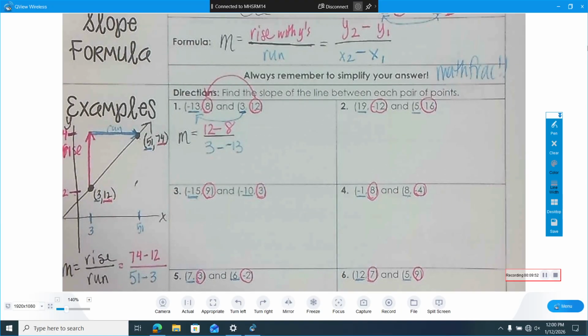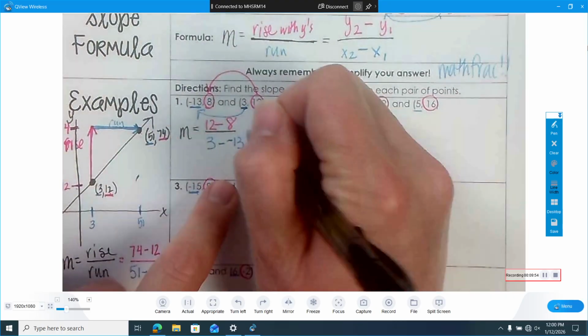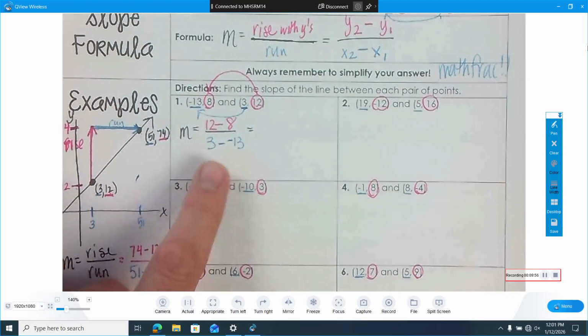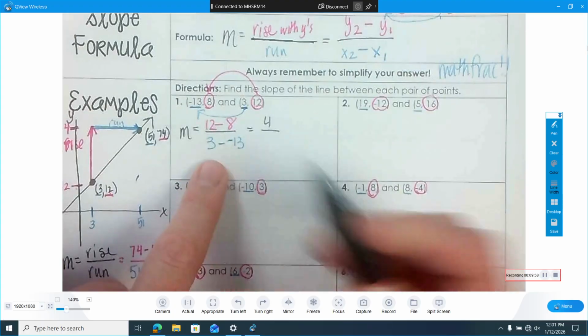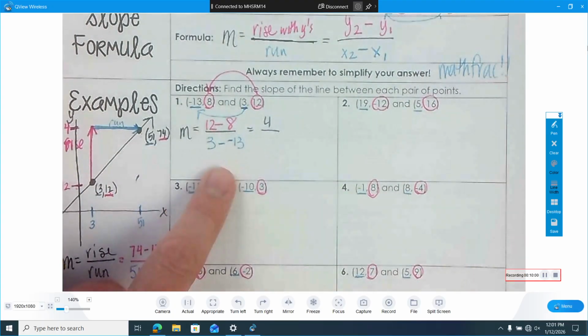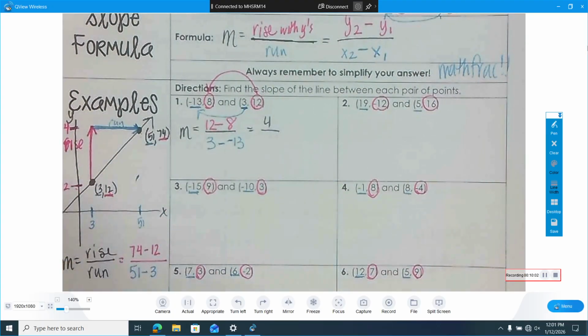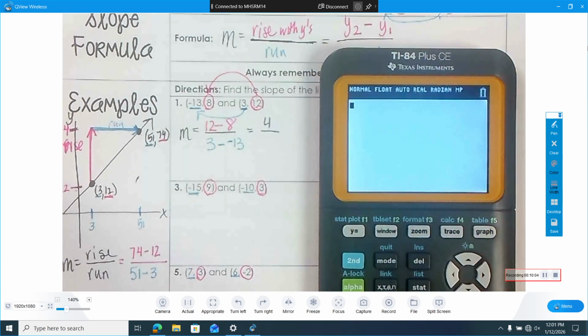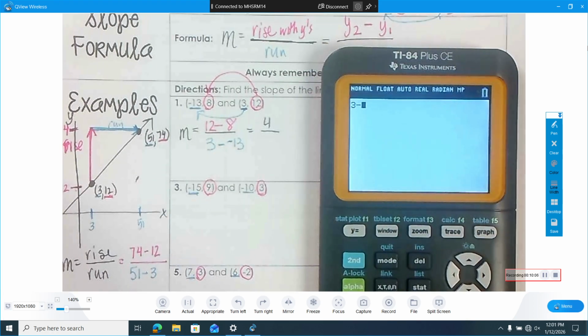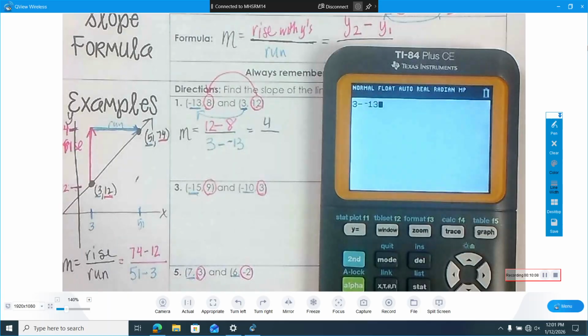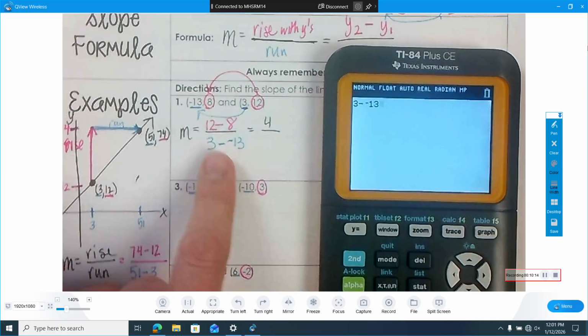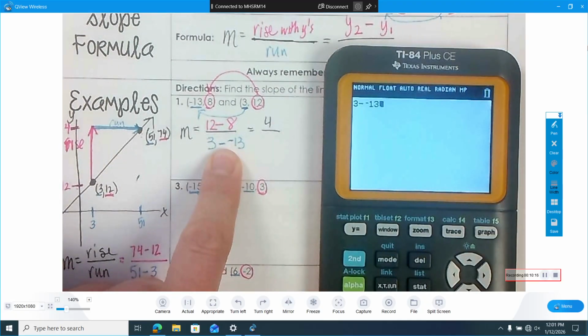You can use a calculator. What is 12 minus 8? 4. And here we have 3 minus the negative 13. What do you do when you have minus a negative? I could type it into my calculator, 3 subtract negative 13. But minus a negative, what is negative times negative? Add, yeah.